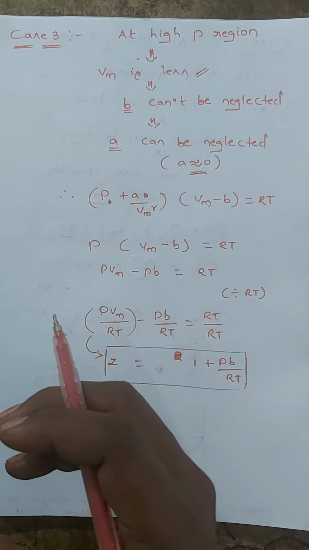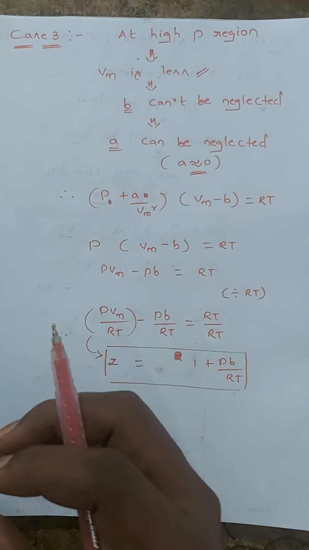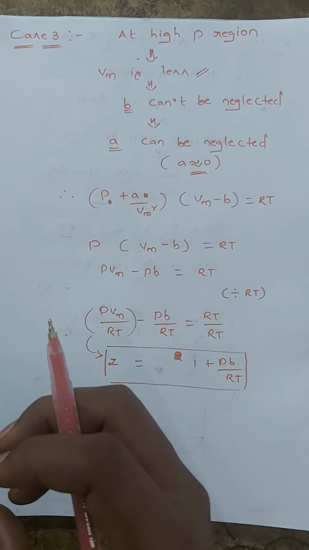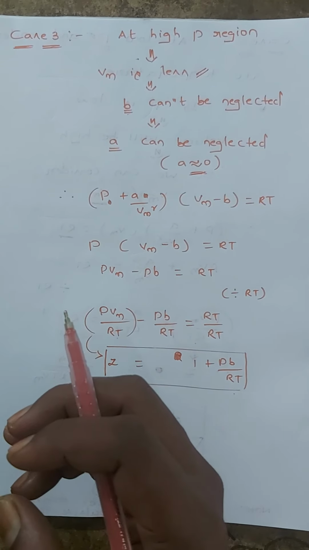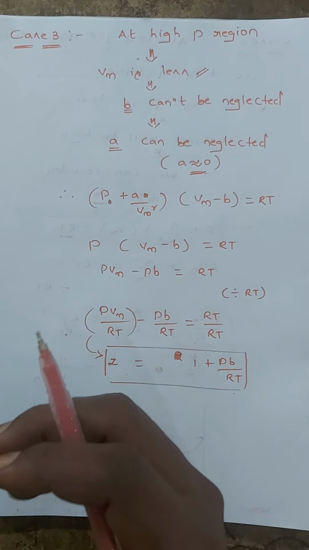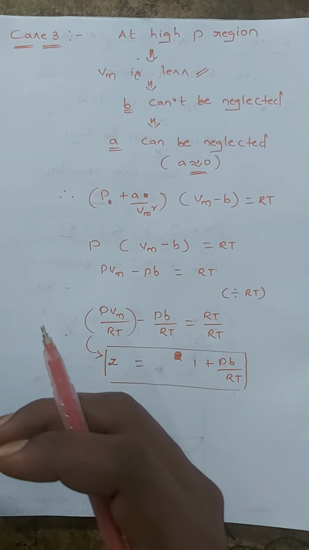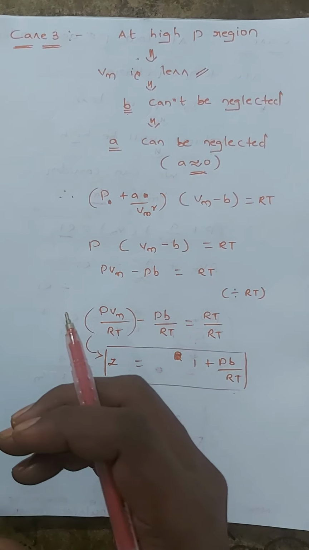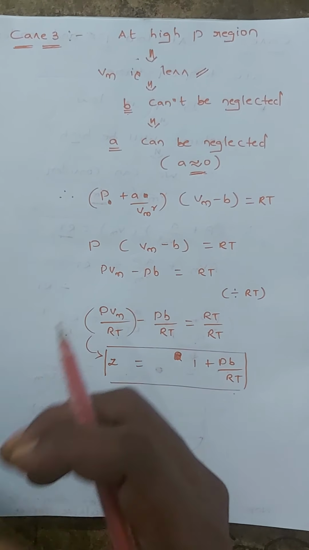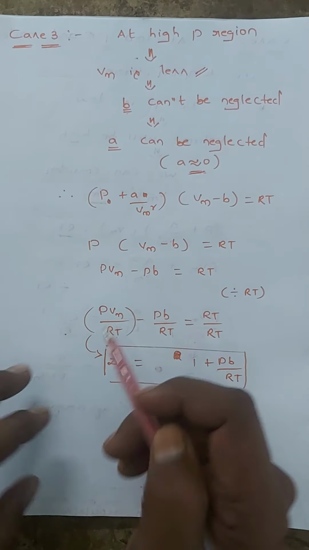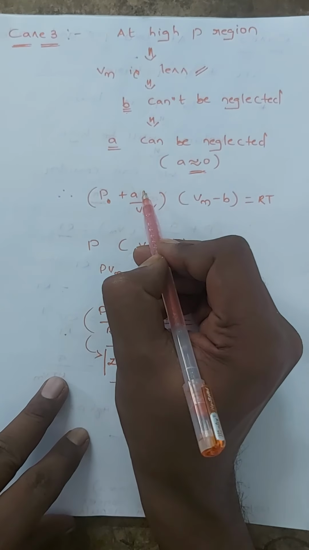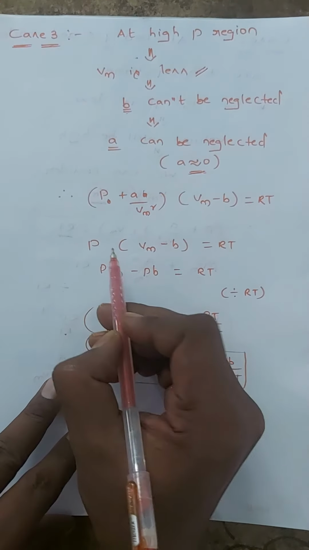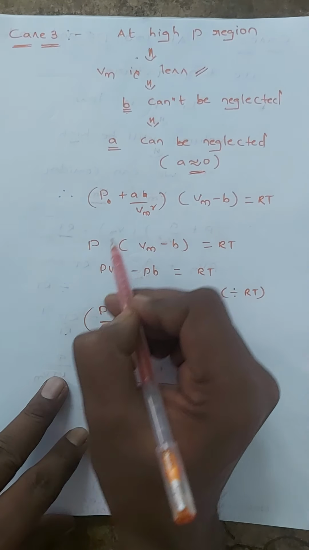In such a case, electrons and nuclei of one atom start repelling the electrons and nuclei of the adjacent atom, due to which attractive forces are nullified completely and repulsive forces dominate. Due to this reason, I have neglected the a value. Therefore, it can become 0.